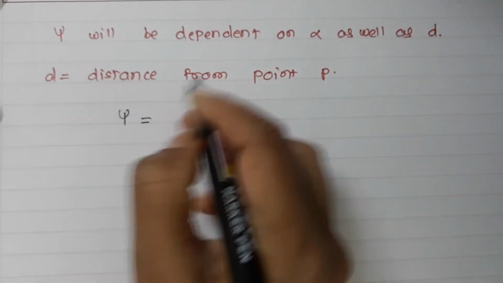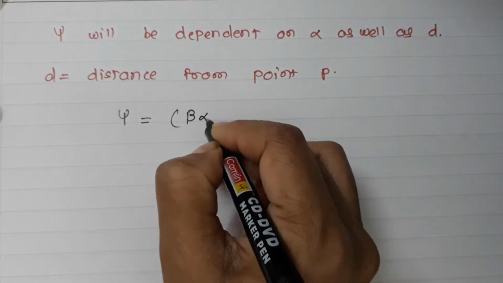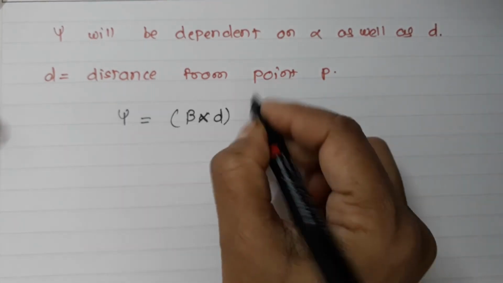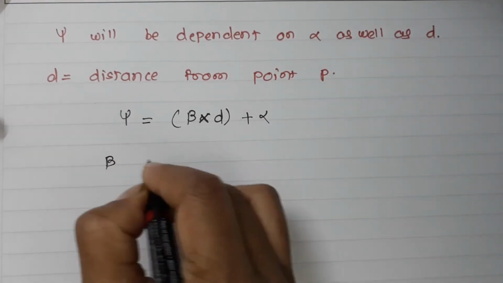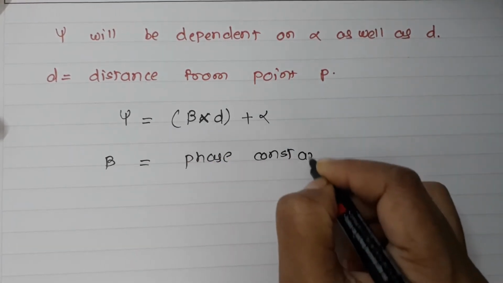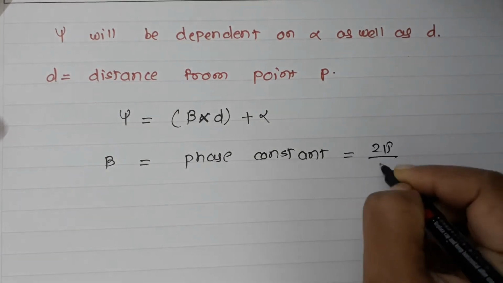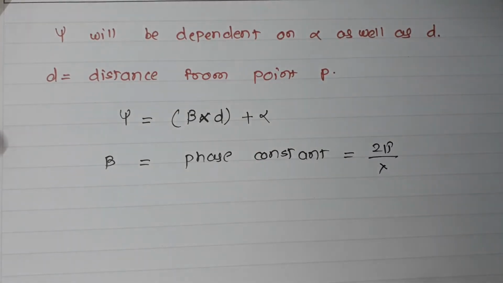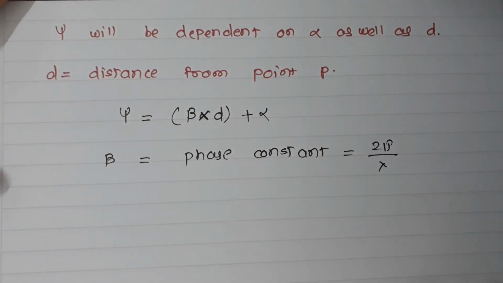So psi will be given by beta into d plus alpha, where beta is the phase constant, which is 2 pi by lambda, d is the distance, and alpha is the phase of the input current.